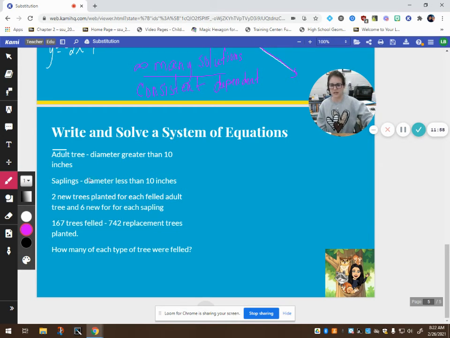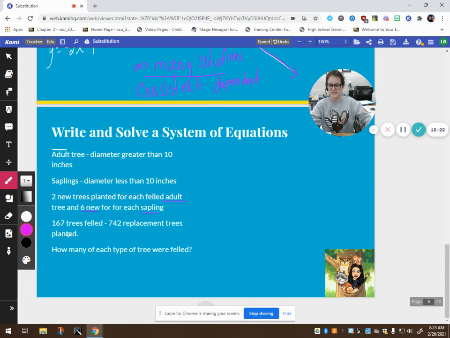The same place says that if it's a sapling, then it must have a diameter that is less than 10 inches. So the city requires, if you're building a new building and you tear down some trees, that you must plant 2 new trees for each felled adult tree and 6 new trees for each felled sapling.